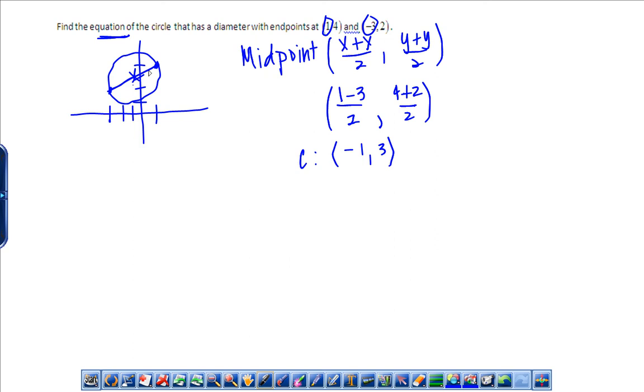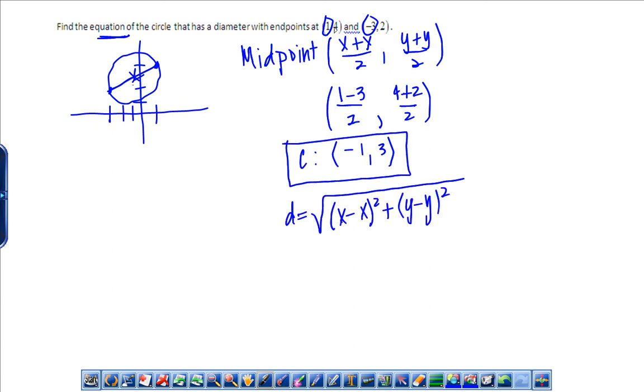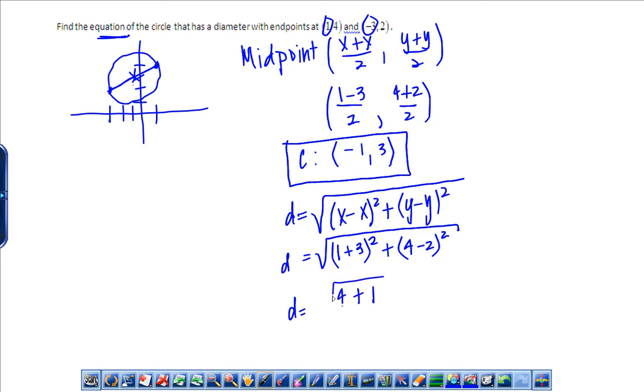Now I need my radius squared. So if I know this distance right here, and there's no guessing. Another formula that might be helpful is your distance formula. I'm going to say my x values, the same as I did before. I'm going to say 1 minus the negative 3 quantity squared. And then I'm going to do my y's, 4 minus 2. So I'm working left to right. That's going to give me a 4 plus 1. Still have a square root.